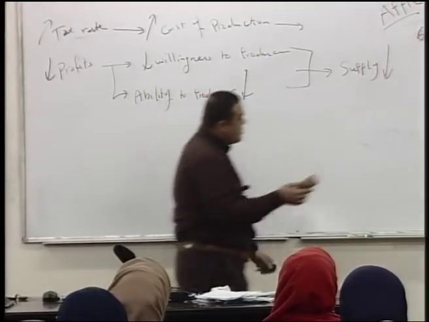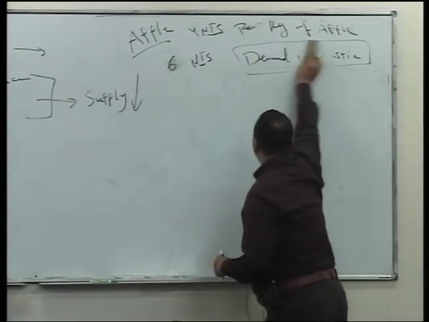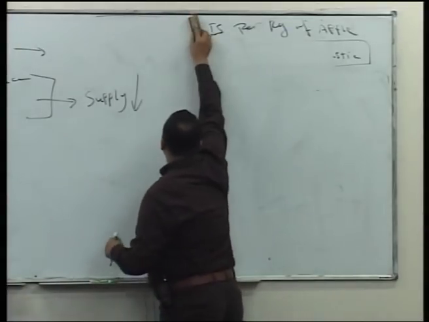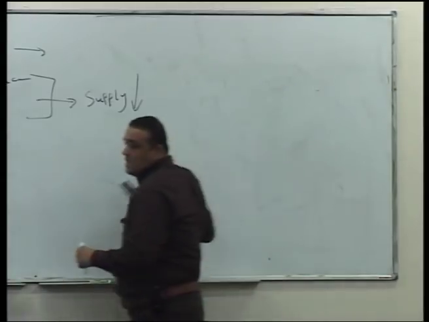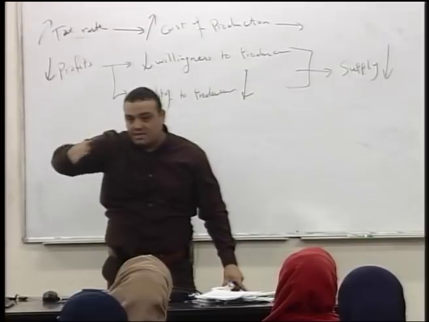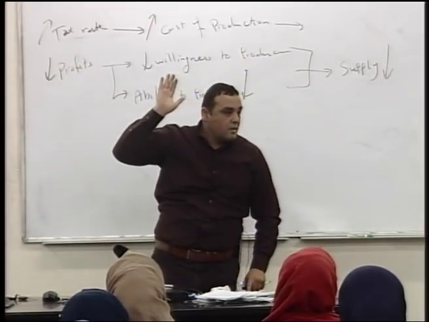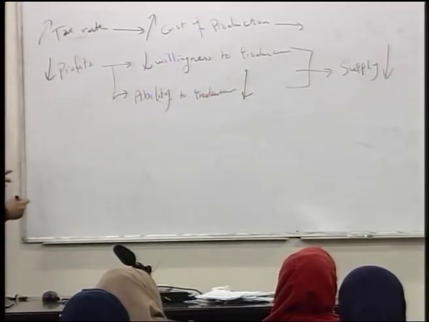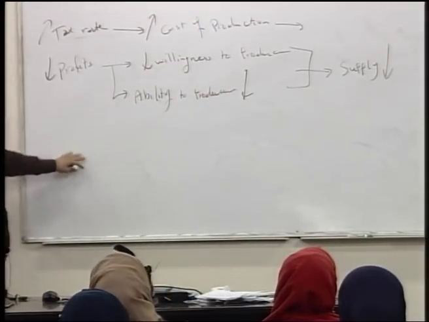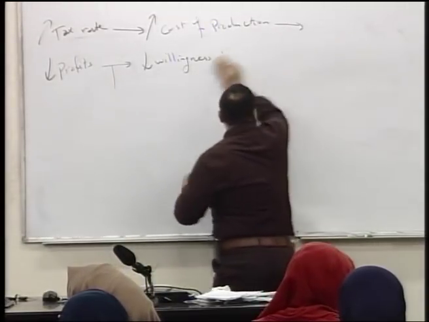So let's analyze the cases. We have 5 cases when demand is elastic, inelastic, perfectly elastic, perfectly inelastic, and unitary elastic. The demand curve can be close to vertical, close to horizontal, or neutral.